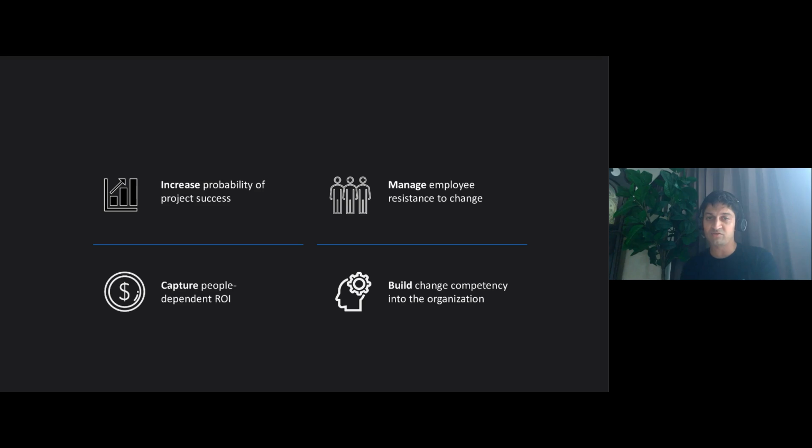Anyone who's gone through a complex transformation and been involved on the change side of things is going to leverage those skills for future projects as well. So it's a long-term skill that you're building within your org. It's absolutely key as well.